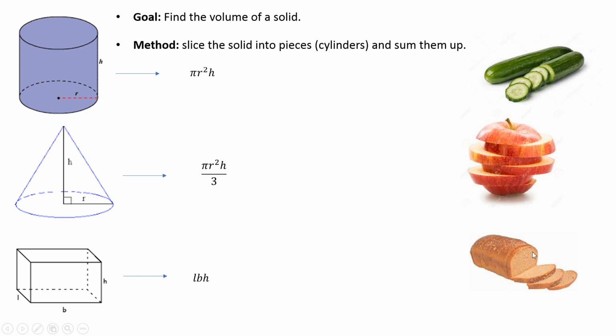In this case the base is not a circle, but we can find its area, and if we can find the area of the base, then we can find the volume of one piece, and by adding all these volumes we can find the volume of the whole object. This idea leads us to a method called the method of slicing.